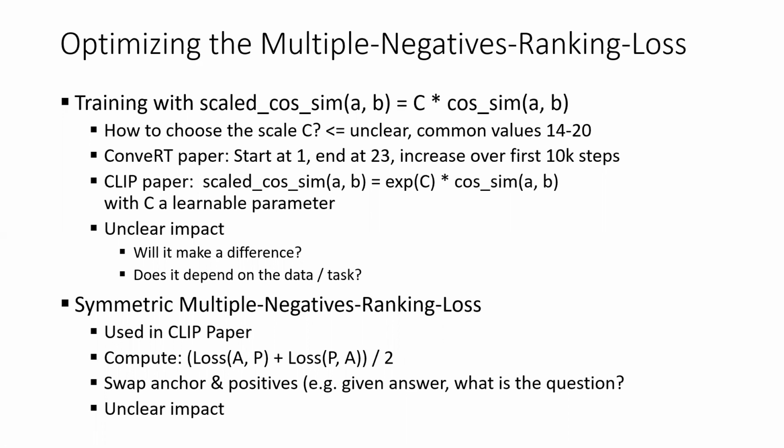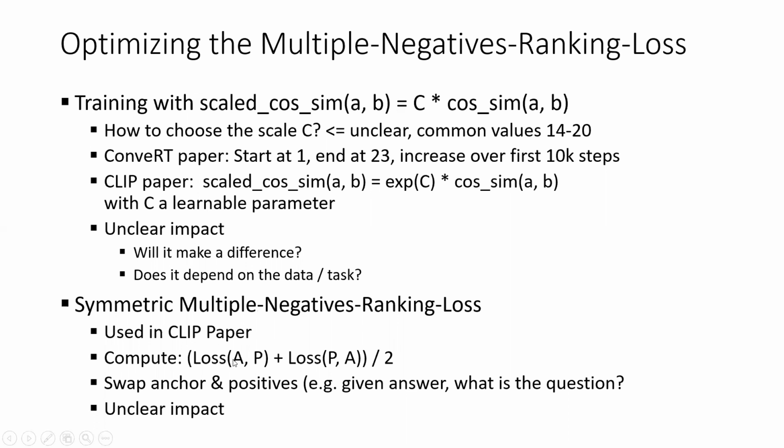Another modification proposed by the CLIP paper and also other papers is to use a symmetric multiple negative ranking loss. So far, we took the question and compared it to all the answers, but we can also do the opposite direction. So given the answer, what was the question? This is quite easy to compute.